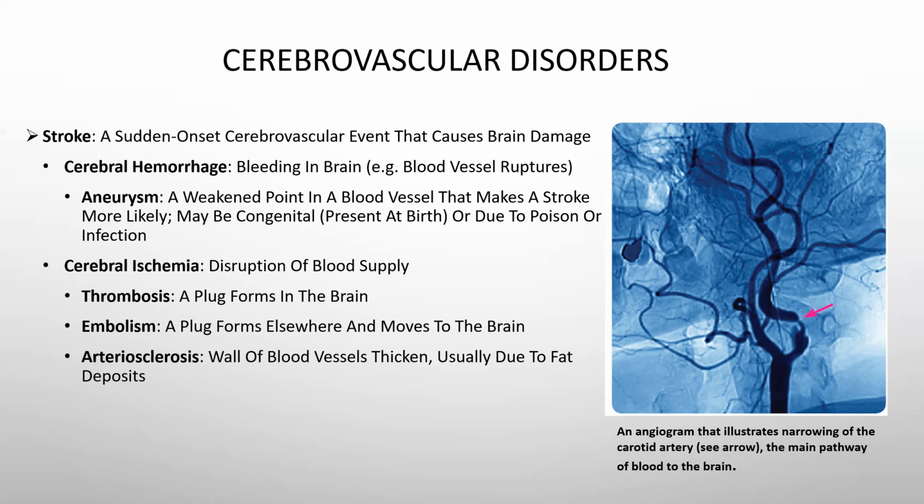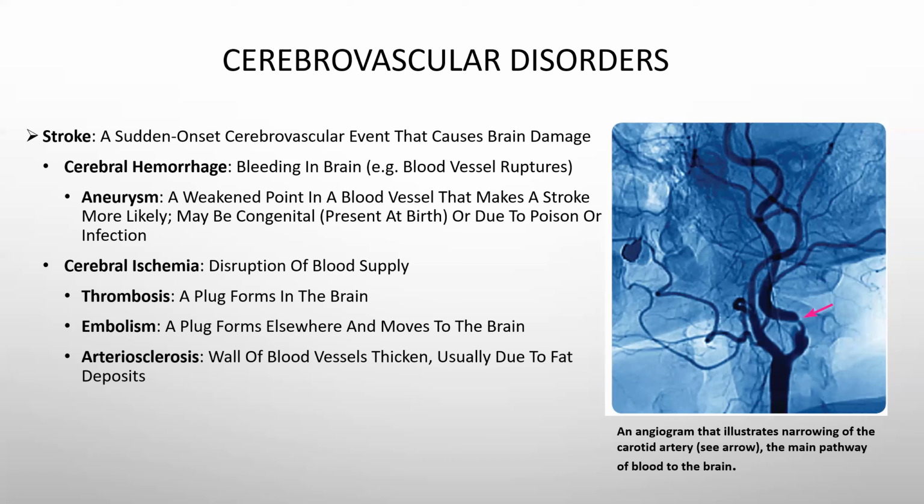Also, not only cerebral hemorrhaging do we have here for stroke, but also cerebral ischemia. Okay, that is the disruption of blood supply. That can happen through a thrombosis, a plug that forms in the brain. It can happen through an embolism, which is a plug that forms somewhere else in the body and moves to the brain, or by arterial sclerosis, which is a thickening of the wall of the blood vessels, primarily due to fat deposits.